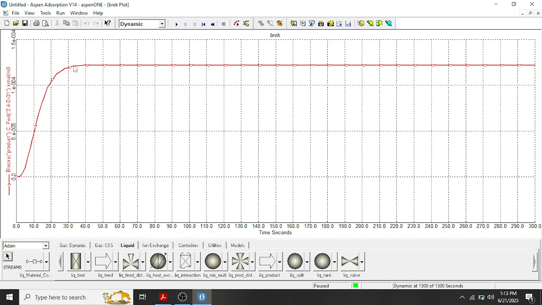So here you can see after 40 seconds the adsorbent layer is saturated. So after 40 seconds we will close our feed flow rate. We will close the feed valve, and we will regenerate the adsorbent, which is activated carbon, and we will restart the process again.